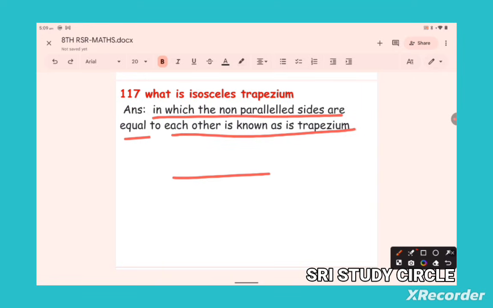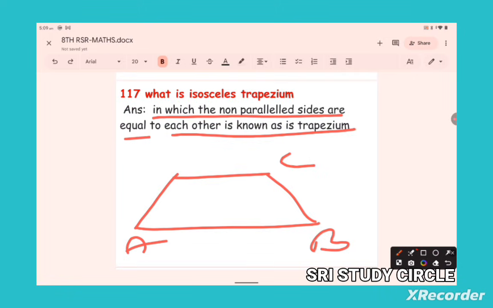Suppose this is a trapezium ABCD. Here AB and CD are the parallel sides, BC and AD are non-parallel sides. If BC is equal to AD, then ABCD is known as an isosceles trapezium.